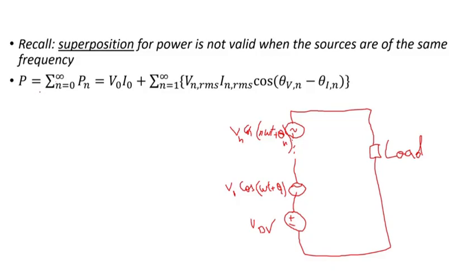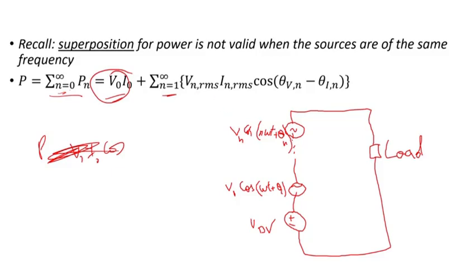So P, or average power, is the sum of all the powers at the different frequencies. You can also write it in terms of, for n equals 0, P is equal to V0 times I0 times cosine. Basically it's DC, so for n equals 0 we're assuming it's DC, and for DC we know the power is just V times I, plus, instead of starting from 0, I'm starting from 1 because I already wrote the term for n equals 0 out.